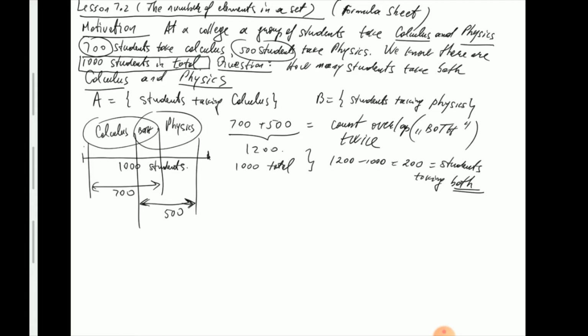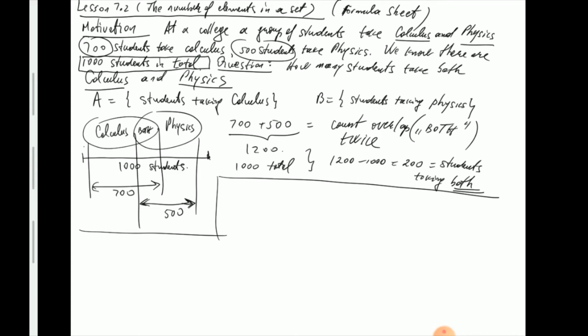So this leads to one formula for counting the elements in a set, which we can formalize with a notation immediately. But take a moment, pause the video if you want, and reanalyze this example and make sure you understand what goes on, because then you will understand how the formula works. You don't have to memorize it, but it will be much more obvious why it is as it is. The formula I'm going to write down immediately.